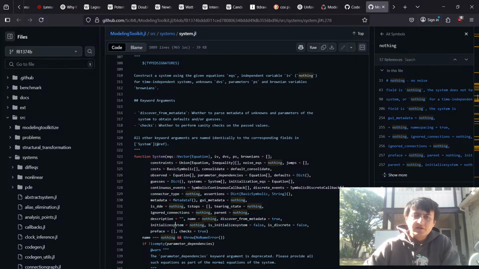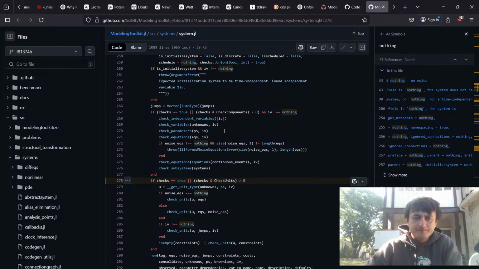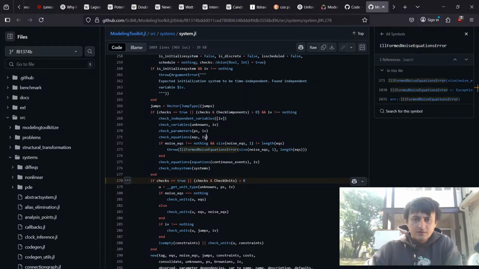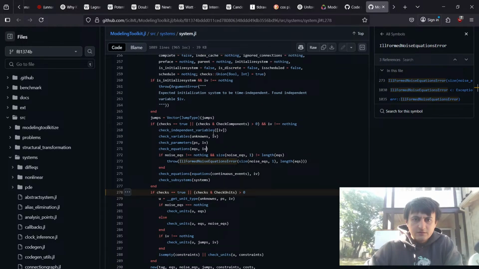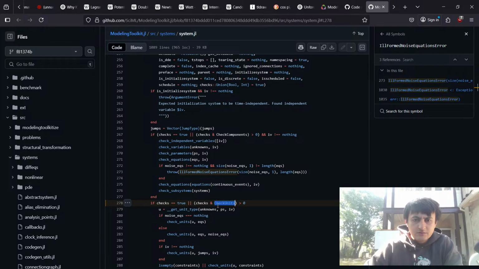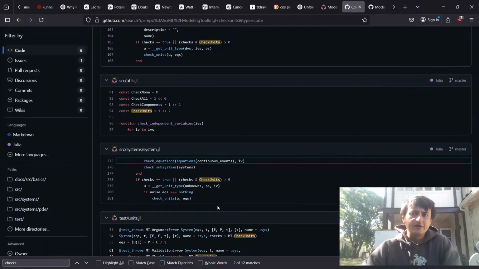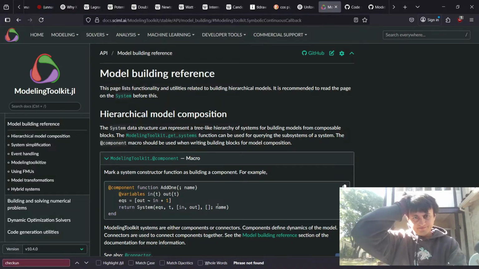So checks should be by default, right? But I don't even know. What does that even mean? Does it throw an error or not? That's goofy. All right, whatever. I don't really care.